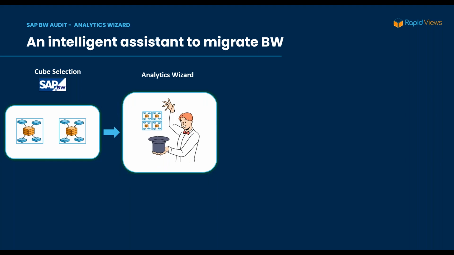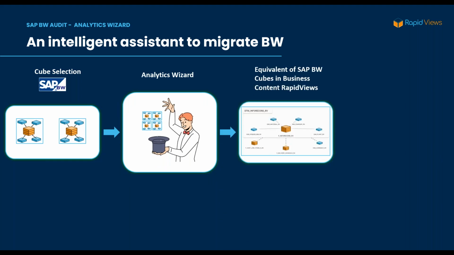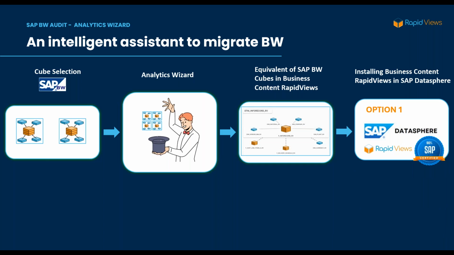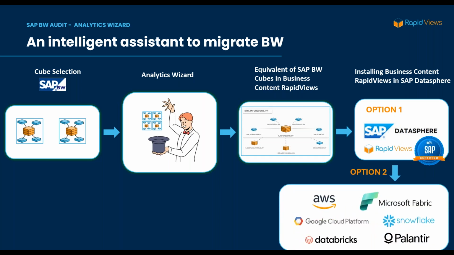This wizard could give you the recipe of predefined data marts, RapidViews business content data marts, that will allow you to implement very quickly option 1 in SAP Datasphere, which is typically what we provide, or option 2, through SAP Datasphere to export your data to any kind of external SAP system.